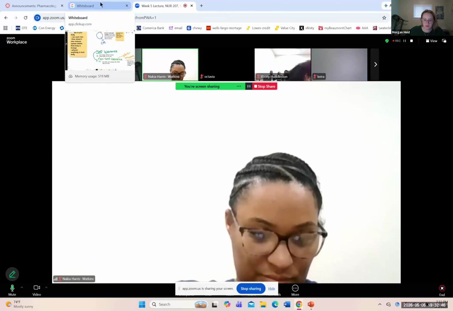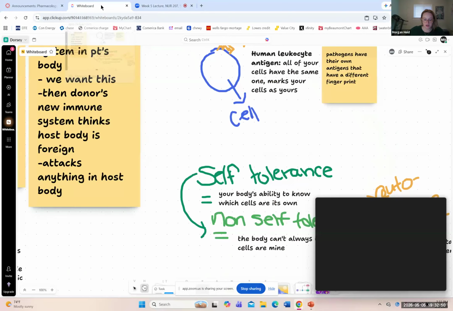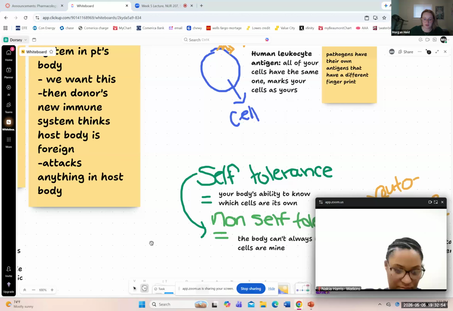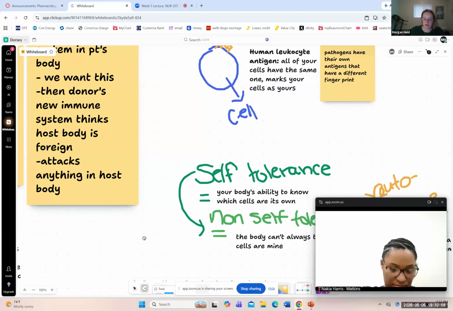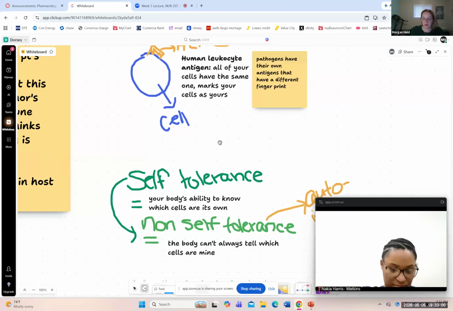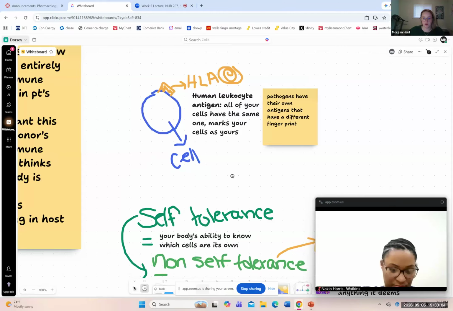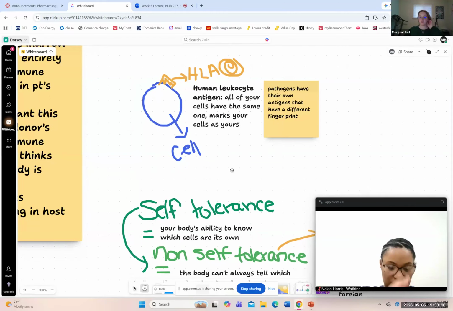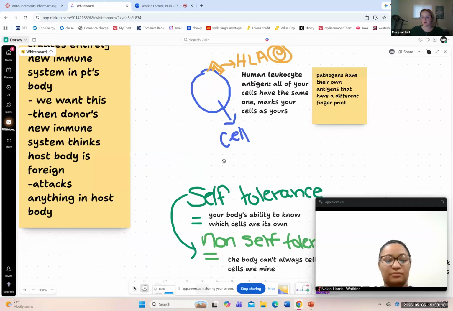So when I have my own cell, this cell would be a representation of all the cells in my body that are mine. Those would be my eyes, my tissue, my brain, anything that my body made. They all have an individual marker, like a fingerprint on your cell that says this is mine.